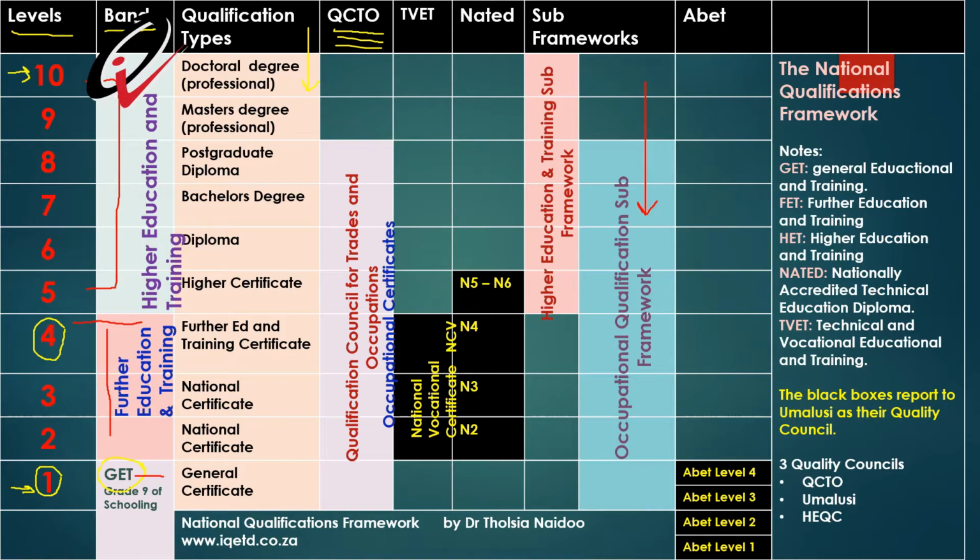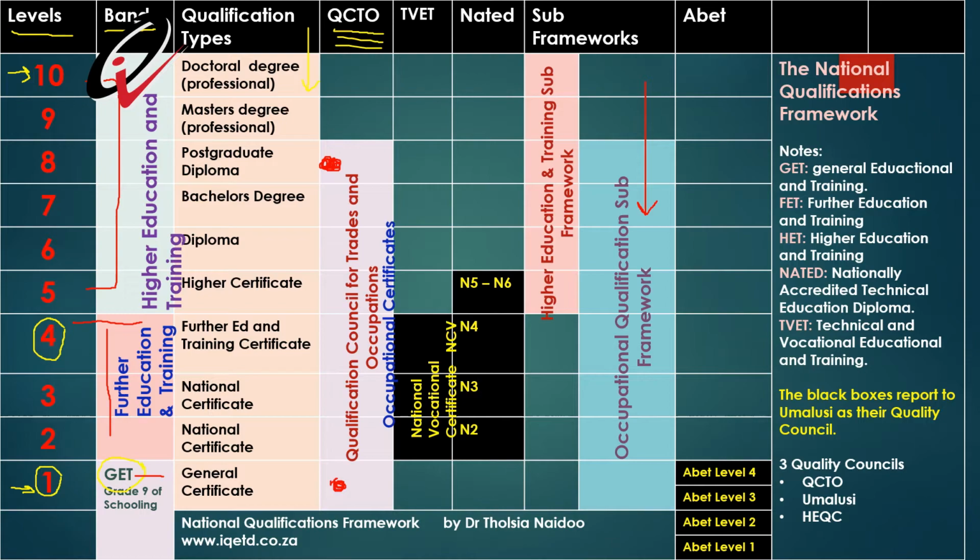QCTO has qualifications, as you can see, starting off here, let me use a red pen, starting off on level 1, and it goes all the way up to level 8 at the top here. Now, this video was made in 2020, and QCTO currently has qualifications being written up to level 8.